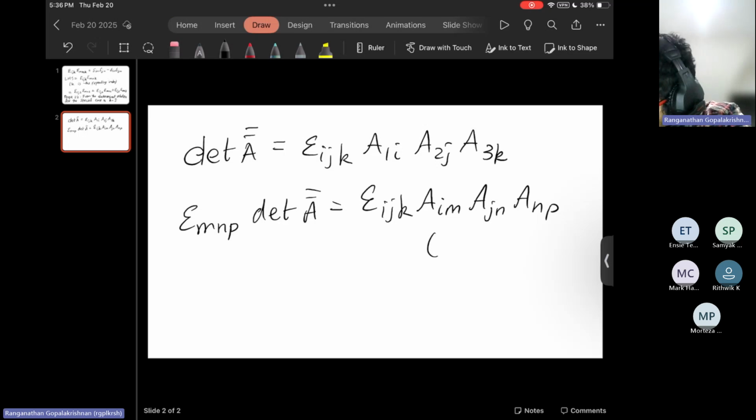This is what equation 2.7 is. So if we start with here and then set A equal to I, we can get this relation. That's what the book suggests.